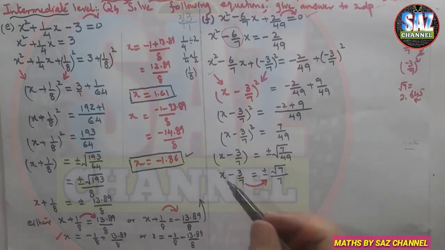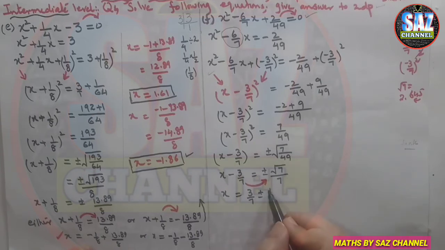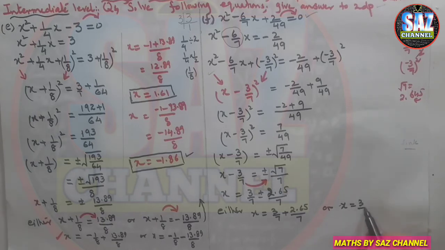It will take the form x equals 3 by 7 plus minus 2.65 upon 7. Now apply the either-or condition. Either x will be equal to 3 by 7 plus 2.65 by 7, or x equals 3 by 7 minus 2.65 by 7.